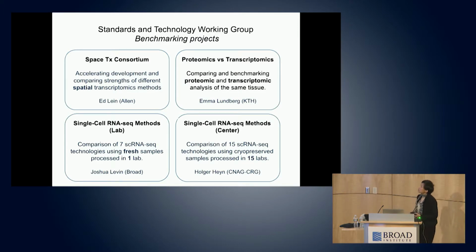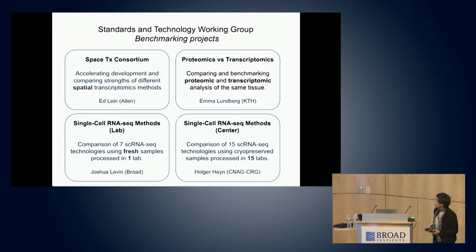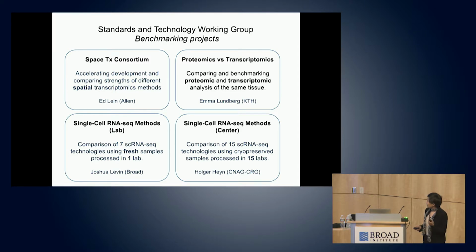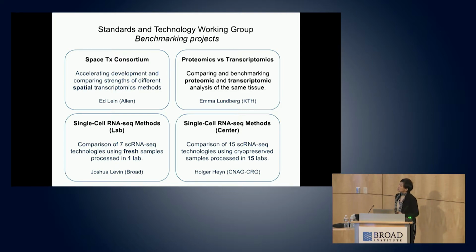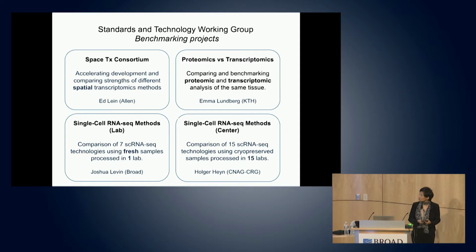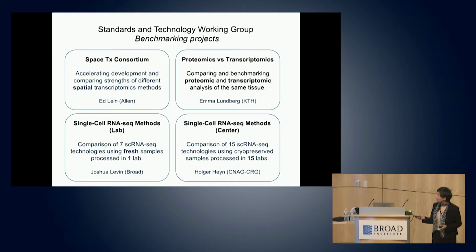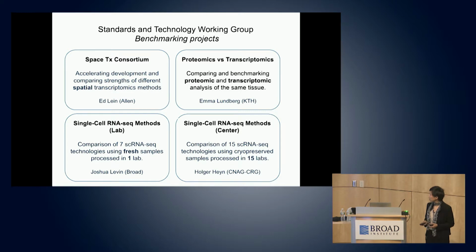So in terms of benchmarking, there are already several programs, projects, consortiums or collaborations that we can think of, but there are probably more. One is the SpaceTx Consortium, and the PI is Lein at the Allen Institute, and this is supported by CZI.